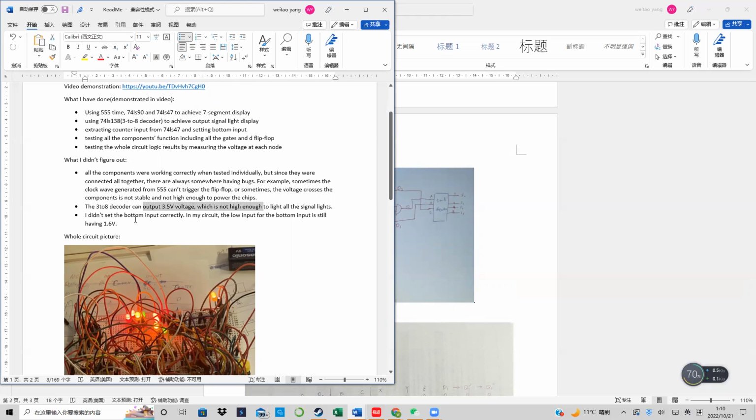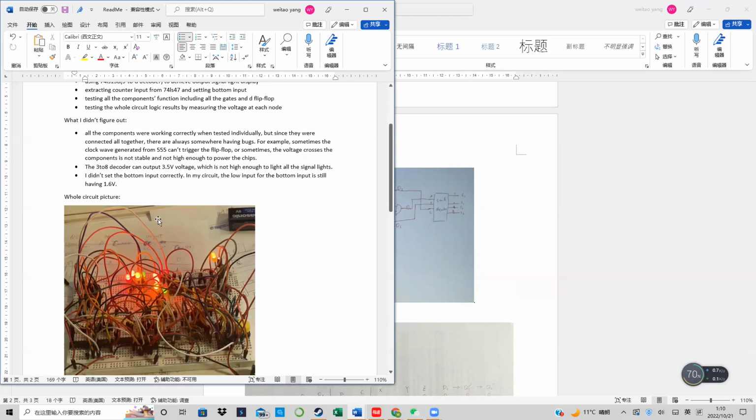I have mentioned this problem before. Another thing is about the button input. I tried to connect one side of the button to VCC and the other side to a very high resistance resistor connected to ground.